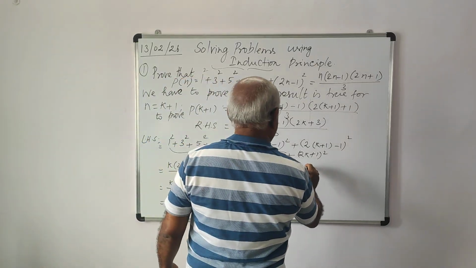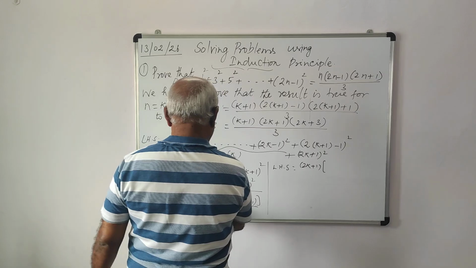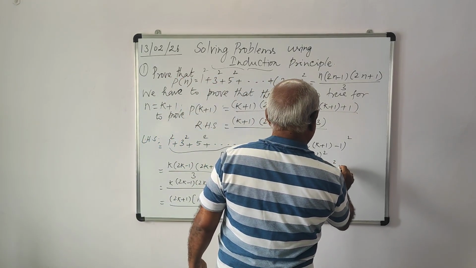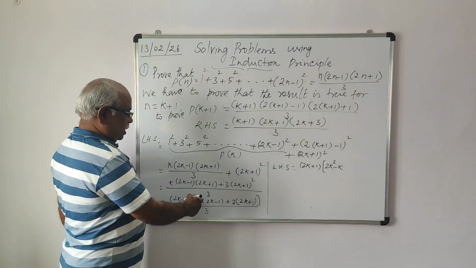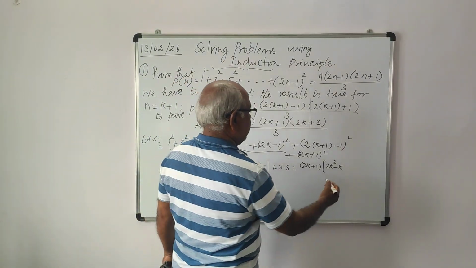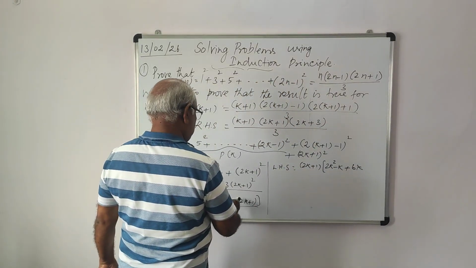K plus 1 into 2k square minus k, 2k square, 2 into k, 2k square minus k into 1 to k plus 3 2s are 6k plus 3 into 1, 3.